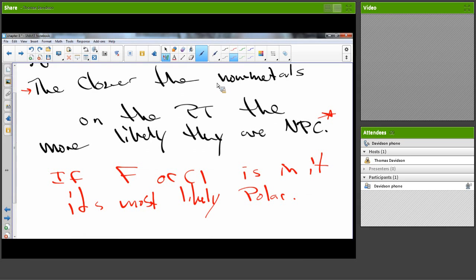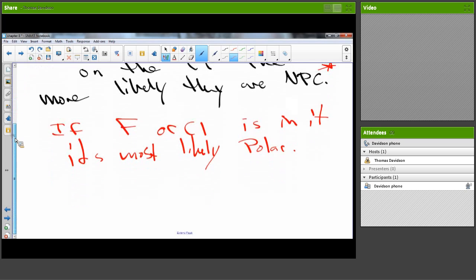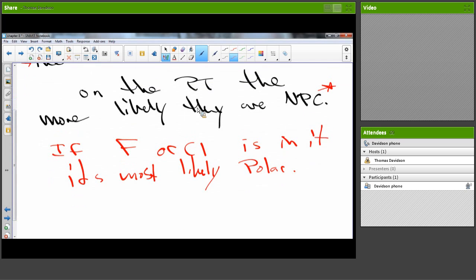All right. Anyway, the closer the things are on the periodic table, the more likely they are nonpolar. Then, I'll put a little asterisk here. If F or Cl is in it, it's most likely a polar substance. That's a T. Oh, I hate this erase function.